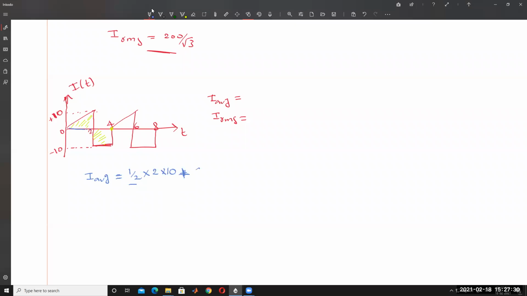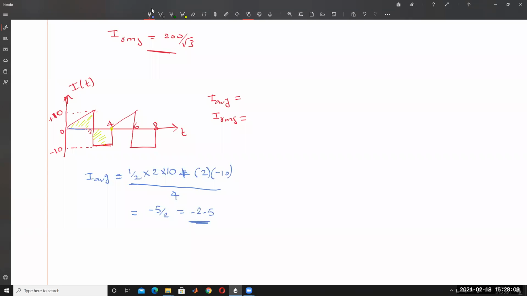What is the length? 2, and this height is minus 10, divided by the total time period, that is 4. Understood? Then how much? Minus 5 by 2, that is equal to minus 2.5. This is called I average.